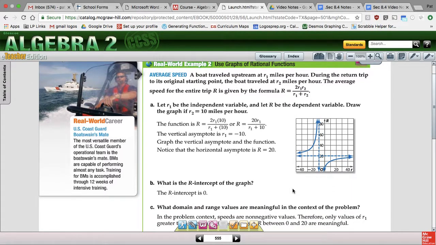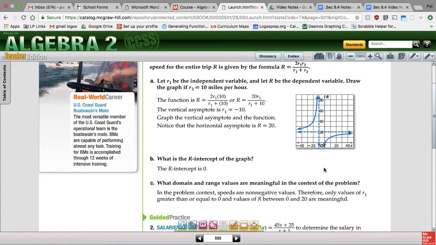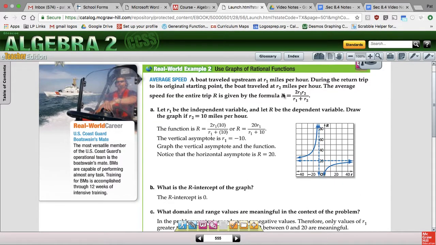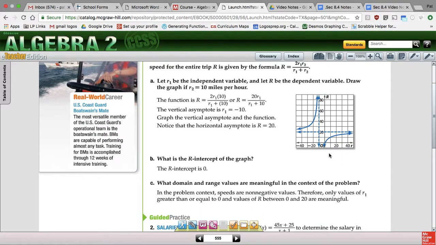Okay, so what is the r-intercept? That's the same thing as saying what is the y-intercept, and we already said it's 0, 0. Okay, what domain and range values are meaningful in this context? Well, we know R1 is in miles per hour, and R is the average speed. So we know they can't be negative.